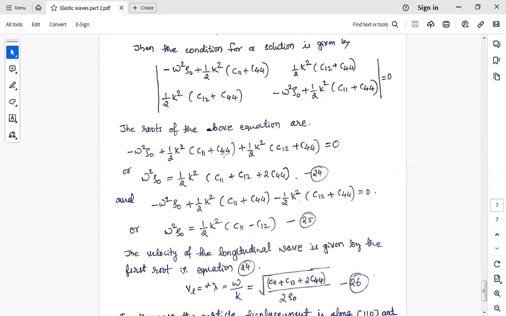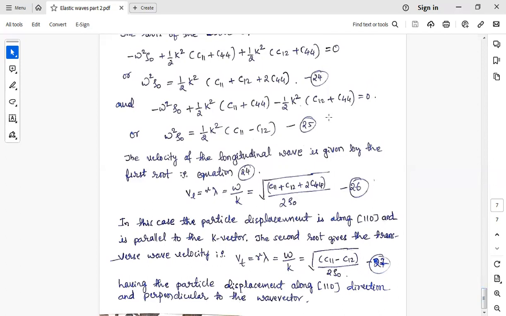So simplify this, you will get omega square rho naught is equal to, taking this term to the other side, half k square into C11 plus C12 plus 2 C44, because the C44 terms are added, so it becomes 2 C44. And from these two, you set this equal to 0 and simplify this also.